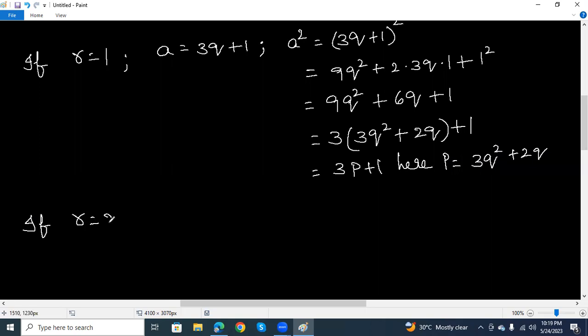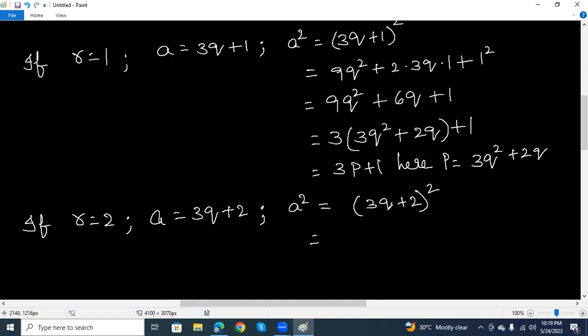Next, if r is equal to 2, the last case, a is equal to 3q plus 2. Same, squaring on both sides because they said squares of positive integers. So 3q plus 2 whole square.